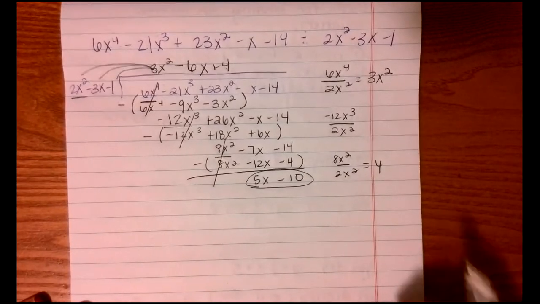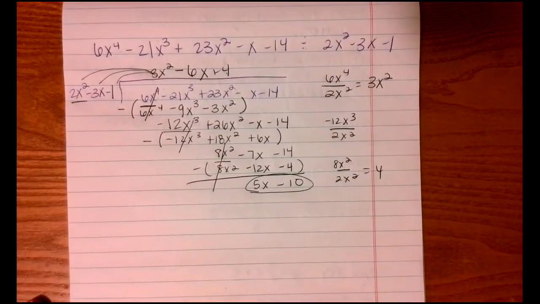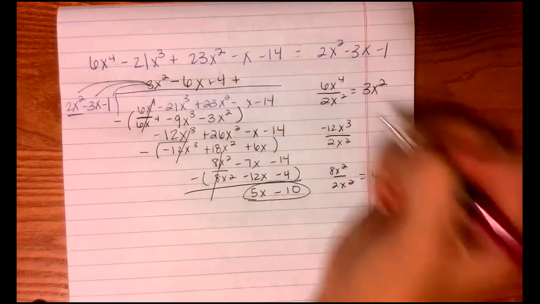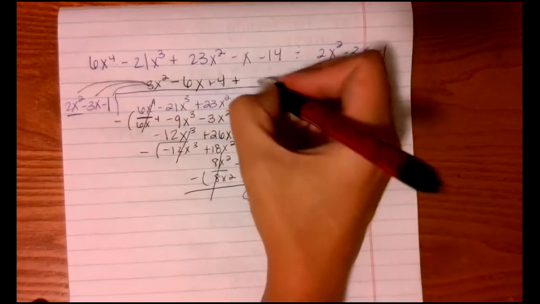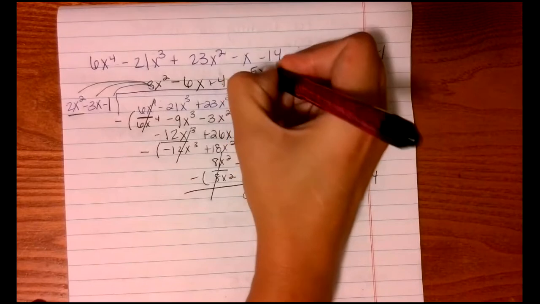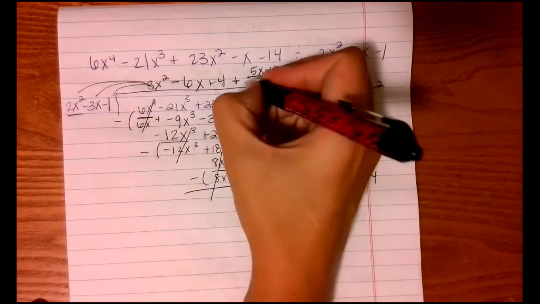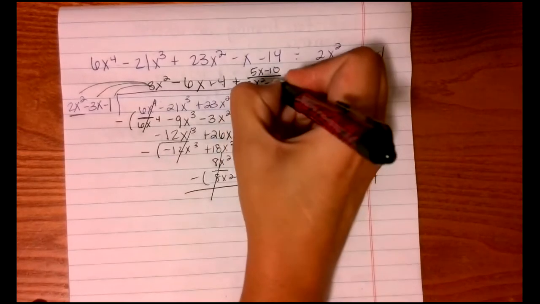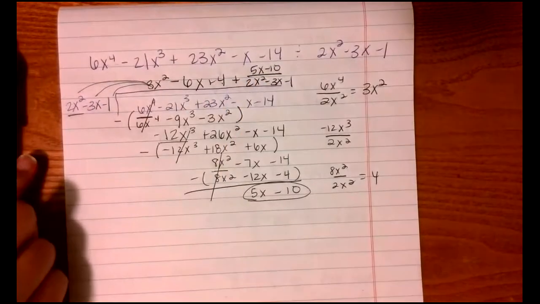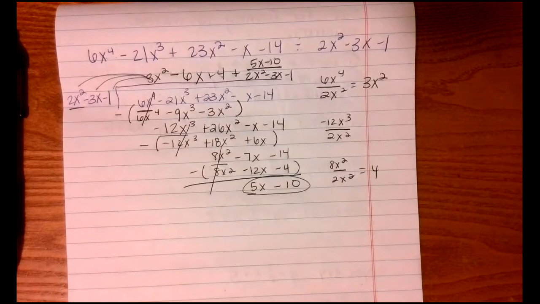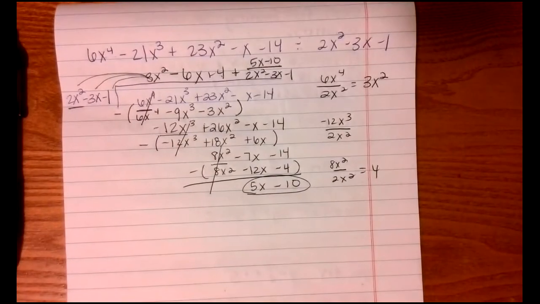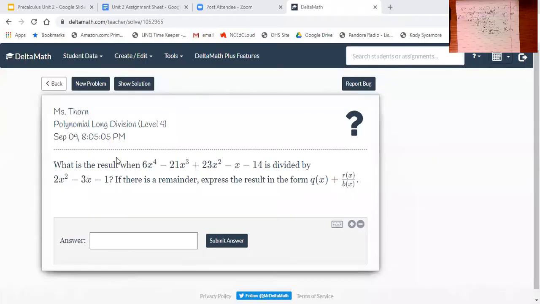The way that you see your remainder written is a fraction. So you'll see plus, and then whatever your remainder is will be on the top, and whatever your divisor is, that's on the bottom. Sometimes this is confusing the first time you see it, so if you look on the screen right now, this is what the directions will look like.